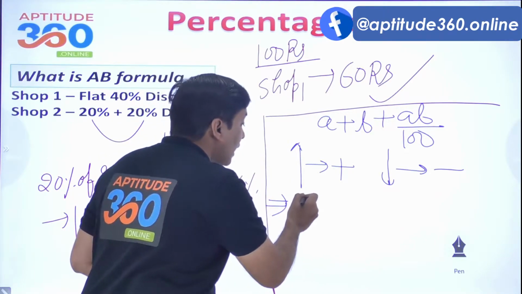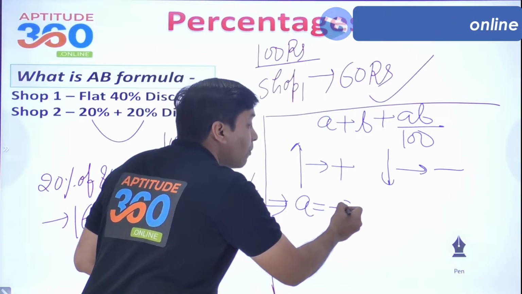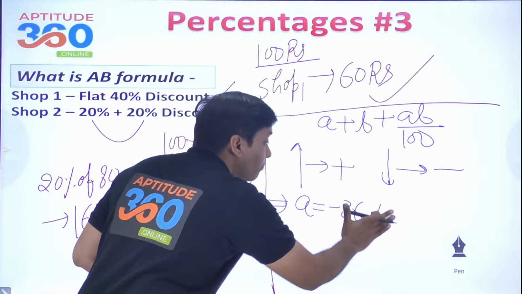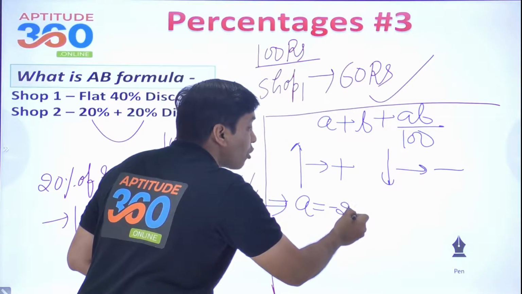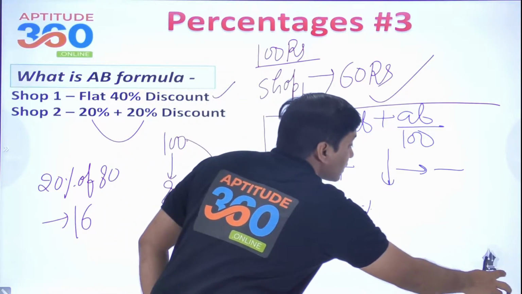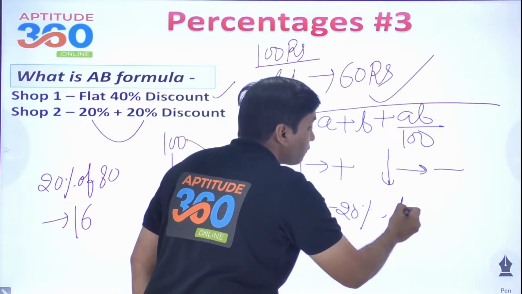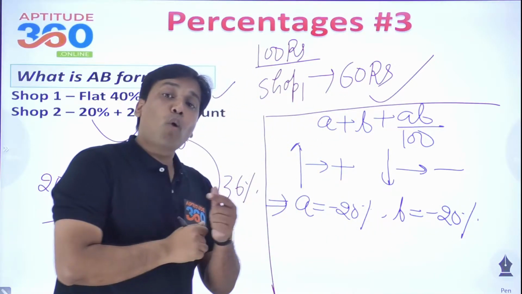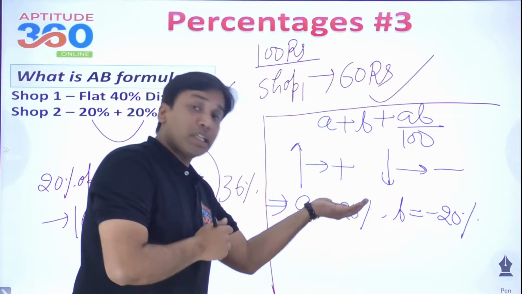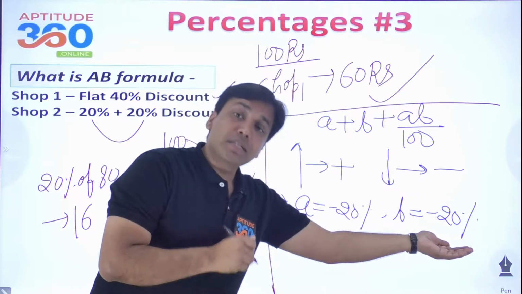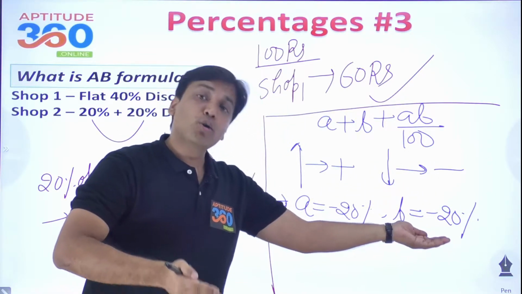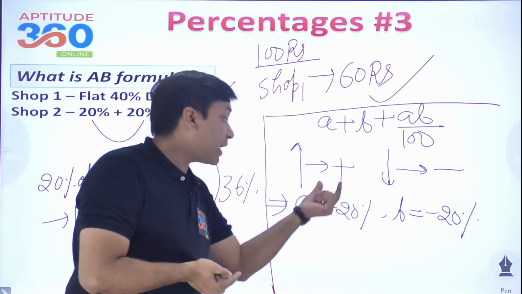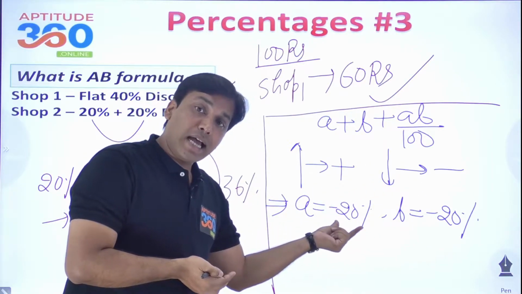So A in this case is going to be minus 20%, because the shop says that we are giving you 20% and then further 20% discount. So first of all, you have to understand why am I writing minus 20% and minus 20%. Discount है, कम हो रहा है, decrease हो रहा है.